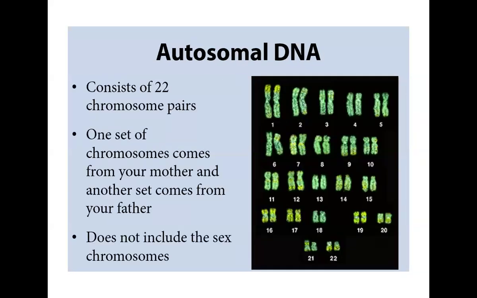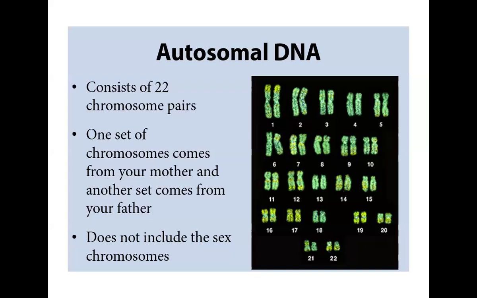So the most common type of DNA, which we're going to explore today, is what we call autosomal DNA. Autosomal DNA just refers to the 22 chromosome pairs that you have, which you see on this right-hand diagram. So you have one set that comes from your mother and one set that comes from your father.